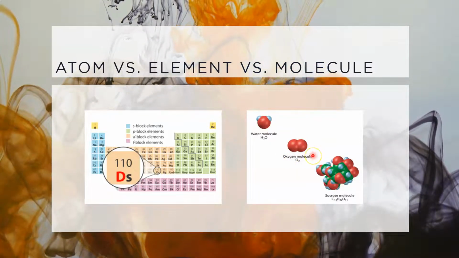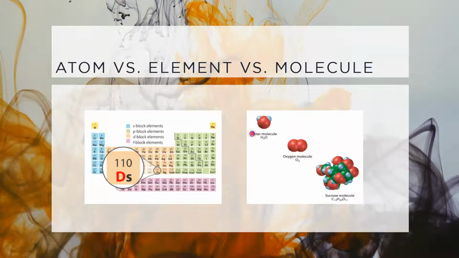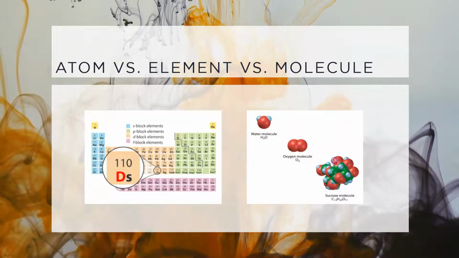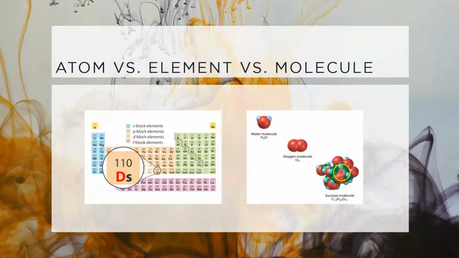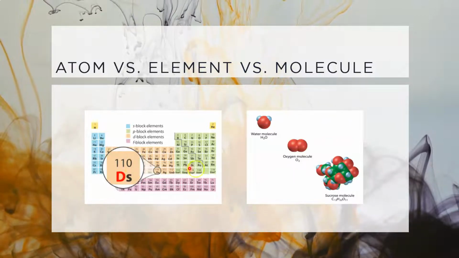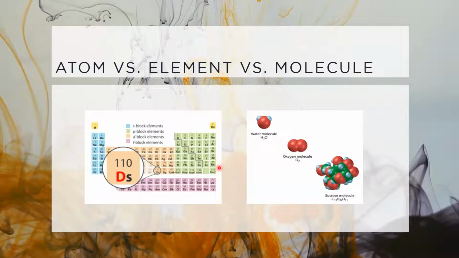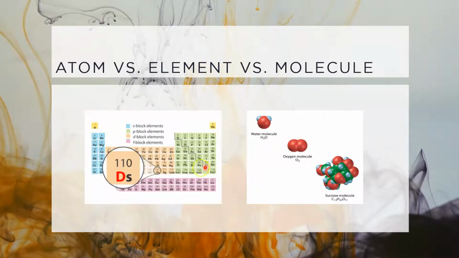This is actually an element because it's only containing oxygen. On the other hand, water and sucrose are both compounds because they contain more than one type of atom. Again, atoms are the basic form of an element, and any element can be found on the periodic table.